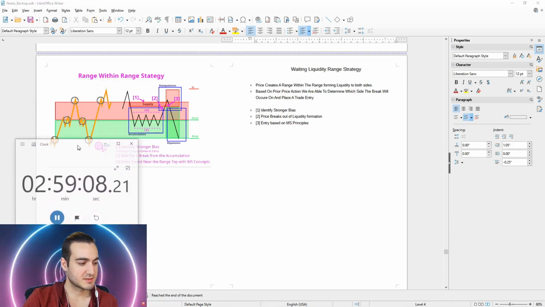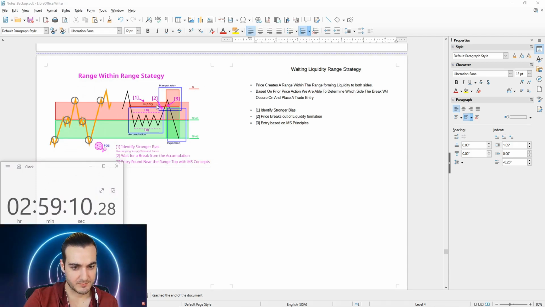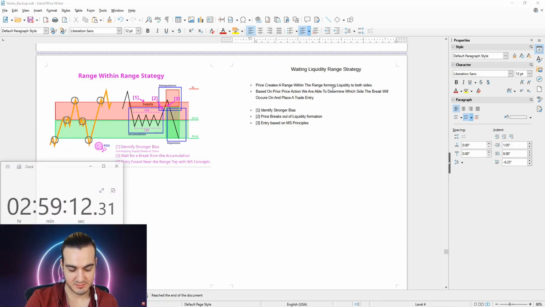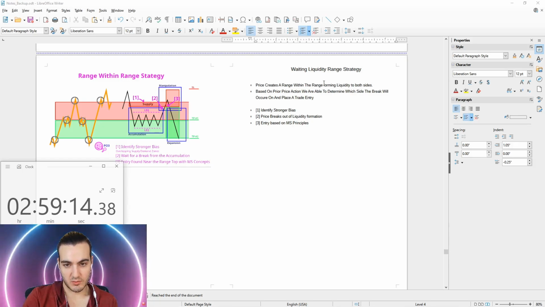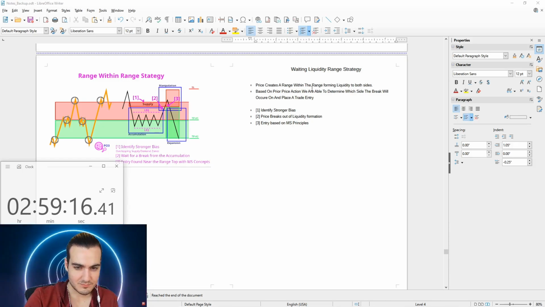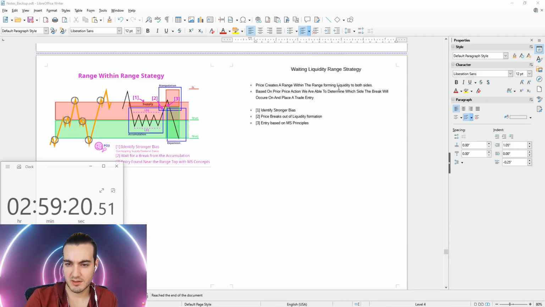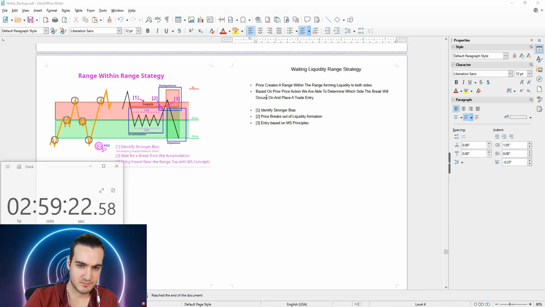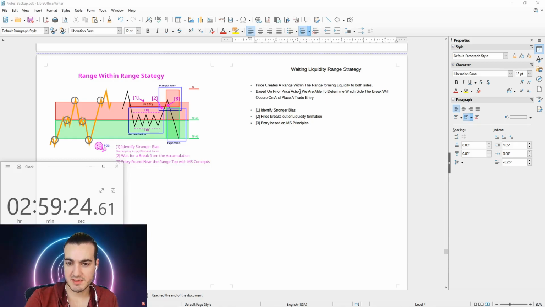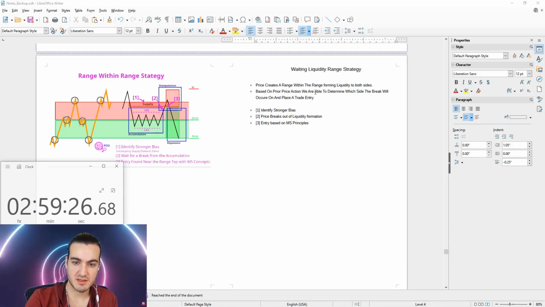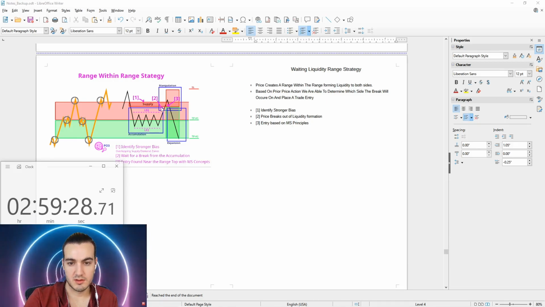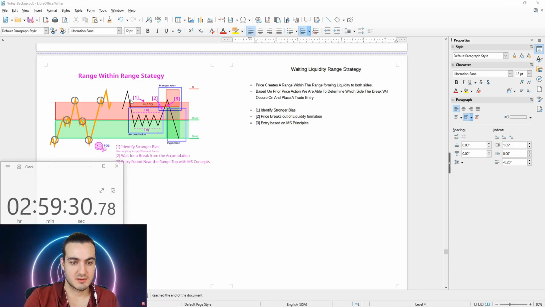Okay, so this is my summary put into so many words. Price creates a range within the range, forming liquidity to both sides. And based on prior price action, we are able to determine which side the break will occur on and place a trade entry.